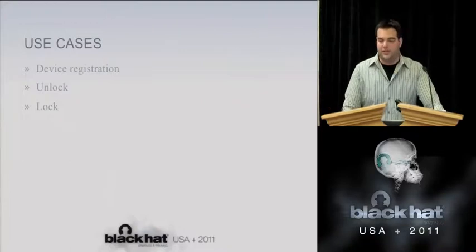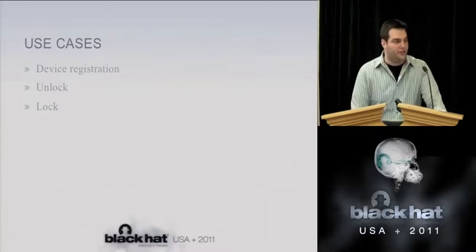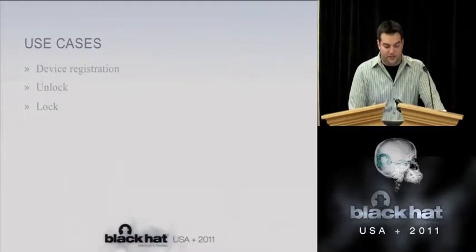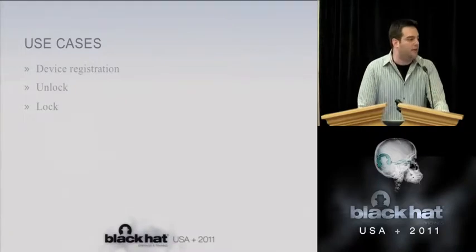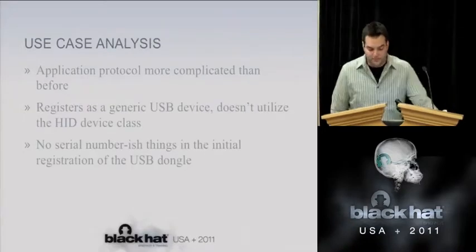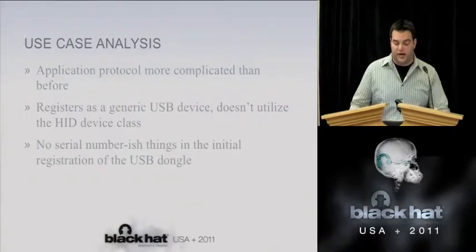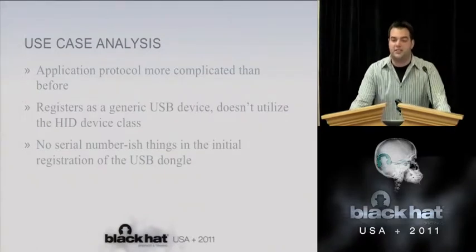We know we can configure signal strength and things like that. Maybe that's part of this protocol too. So really we have the same use cases to look at, in a more complex and interesting architecture. So given that, the application protocol was more complicated. We no longer have static messages.